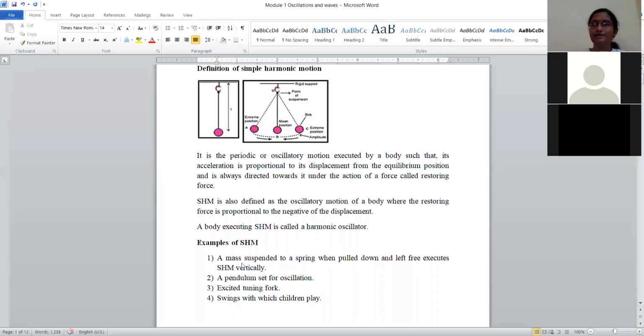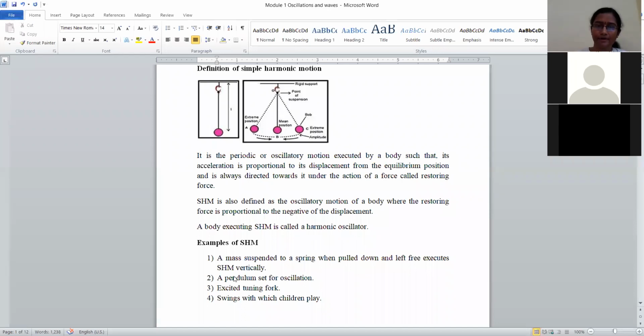And an excited tuning fork. We have studied about this tuning fork: hold a fork and hit it on some soft material, and it starts making oscillations.